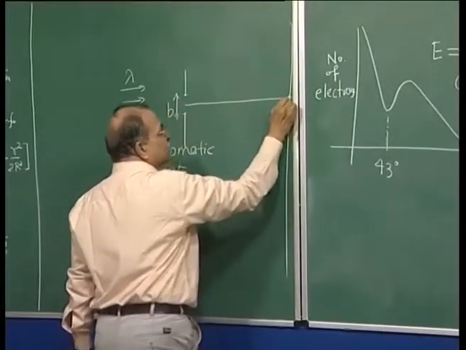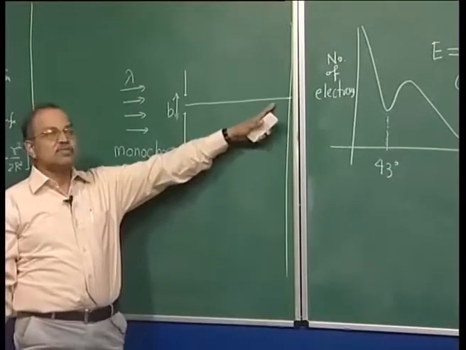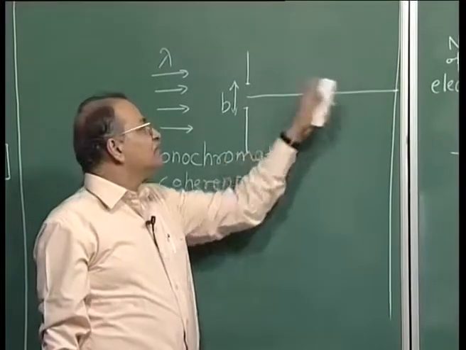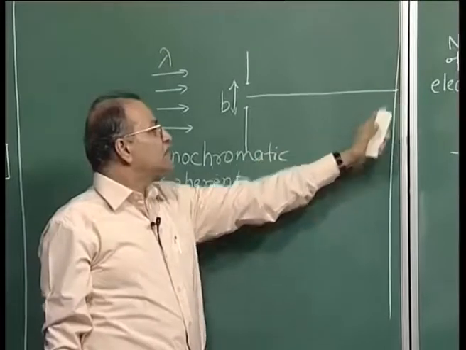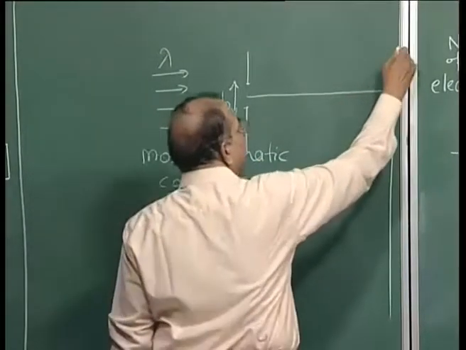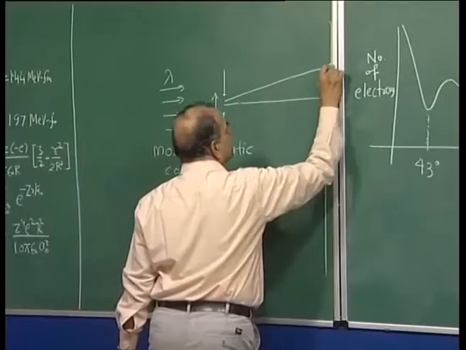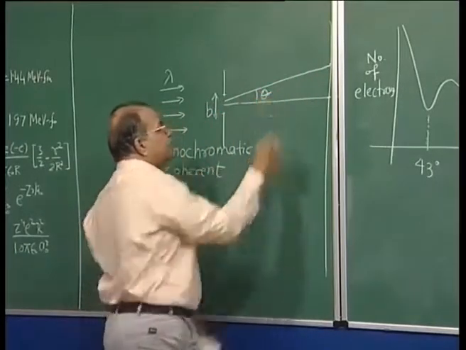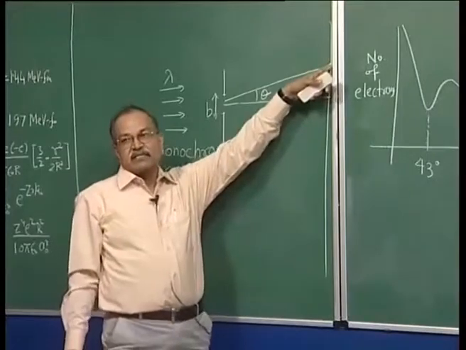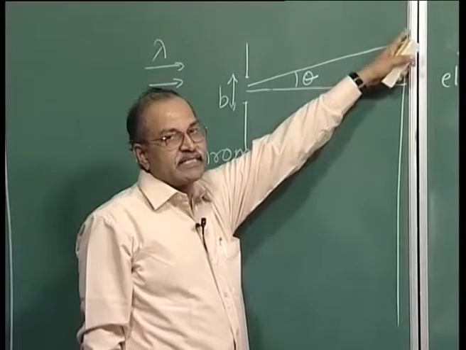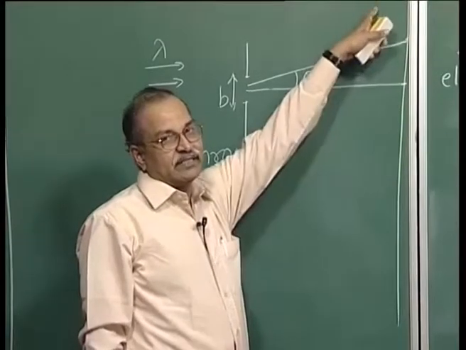You have maximum intensity at theta equal to 0, that is the wave going straight, and then at a point where the diffraction angle is theta, the intensity will be different. How this intensity changes as you increase theta.